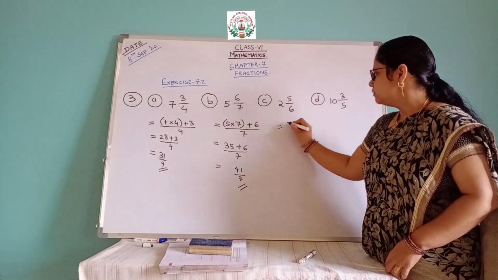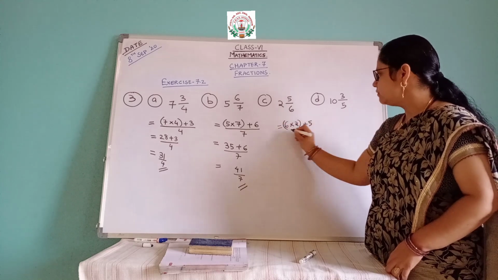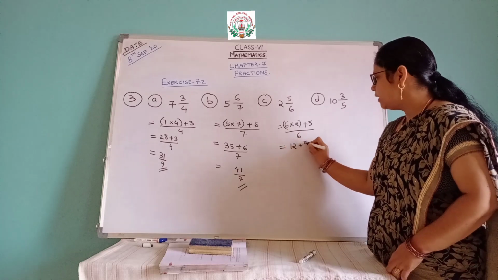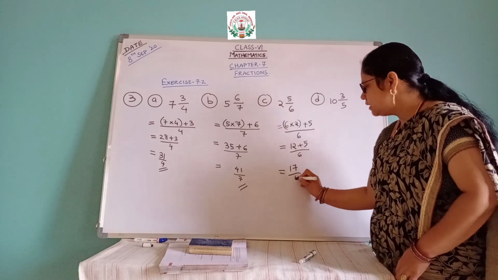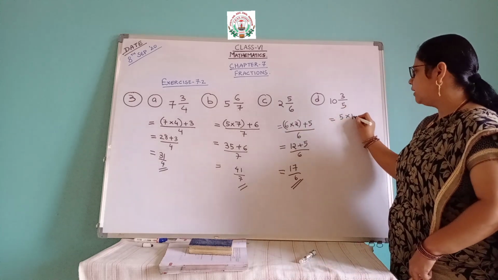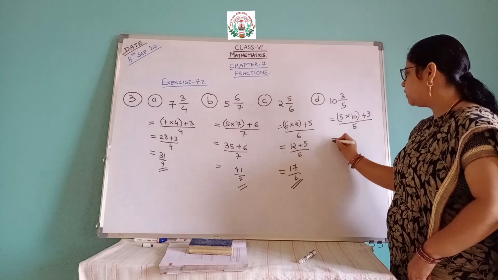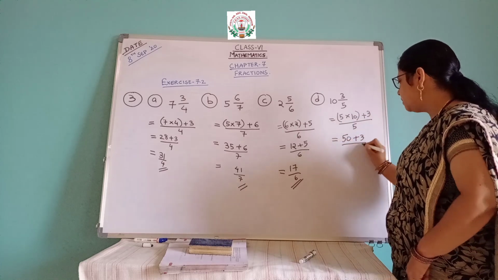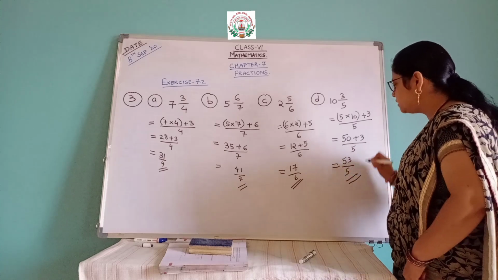So 6 into 2 plus 5, all divided by the same denominator. 6 2s are 12 plus 5 by 6, that is 17 by 6 is the answer. Here 5 into 10, to that 3 will be added, all divided by the same denominator. 5 10s are 50 plus 3, the same denominator, that is 53 by 5. It is the same answer.